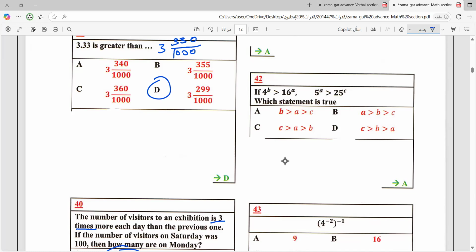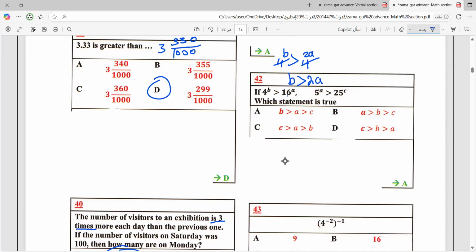We cancel the base. So 16 will be 4 to the power 2a, right? This 4 and 4, we cancel 4 with 4. So b is greater than 2a.